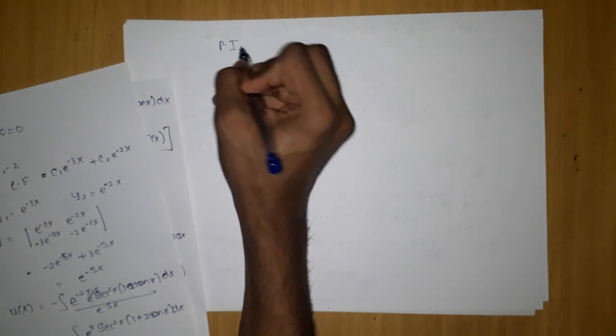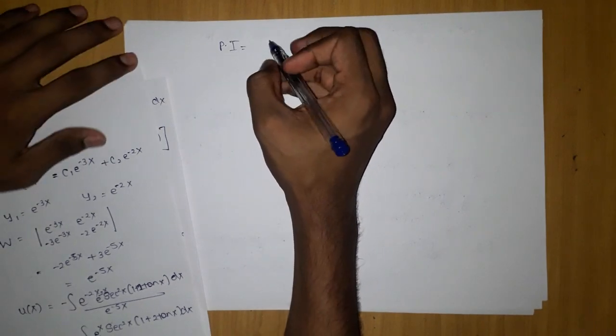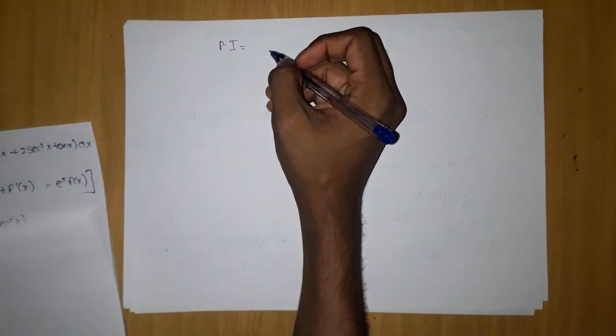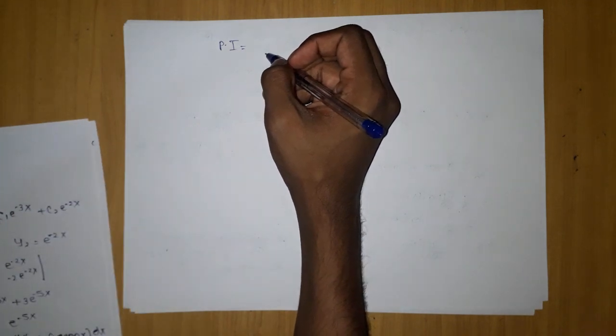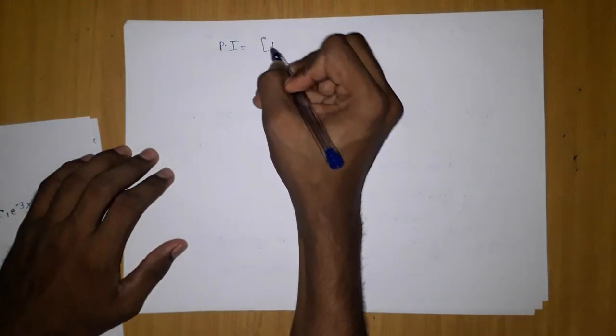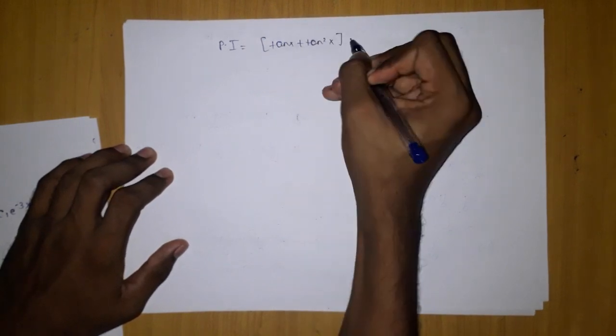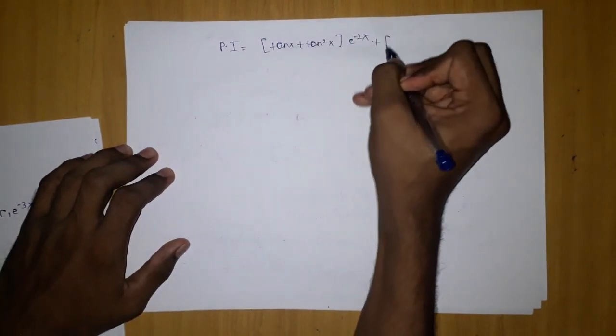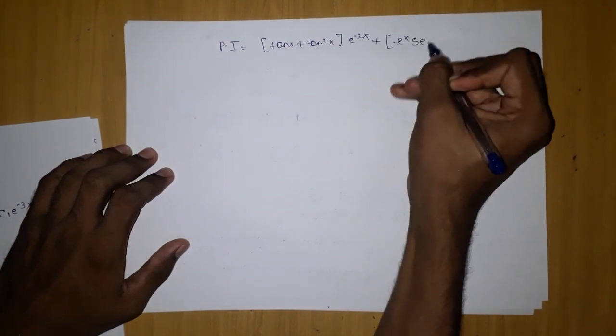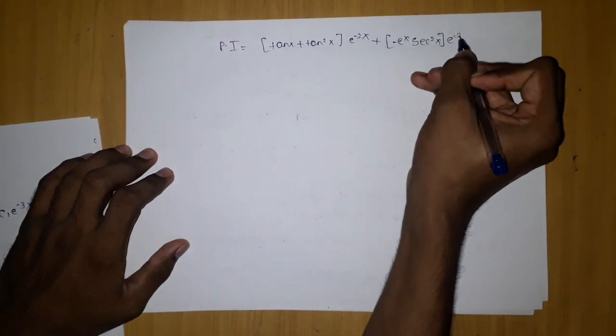So I'm going to take any one particular integral, whatever, which is u of x. Let me take the first one only. So if I take the first one, u of x and v of x, we are going to end up giving tan x plus tan square x into e to the power minus 2x bracket, minus e to the power x into sec square x bracket, e to the power minus 3x.